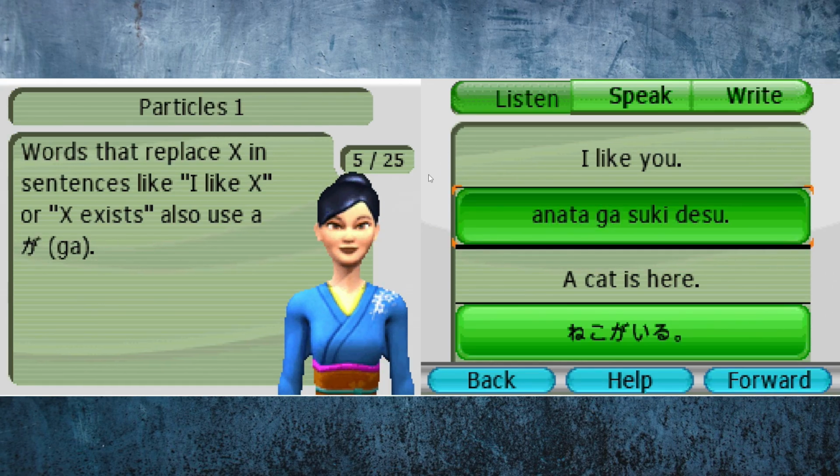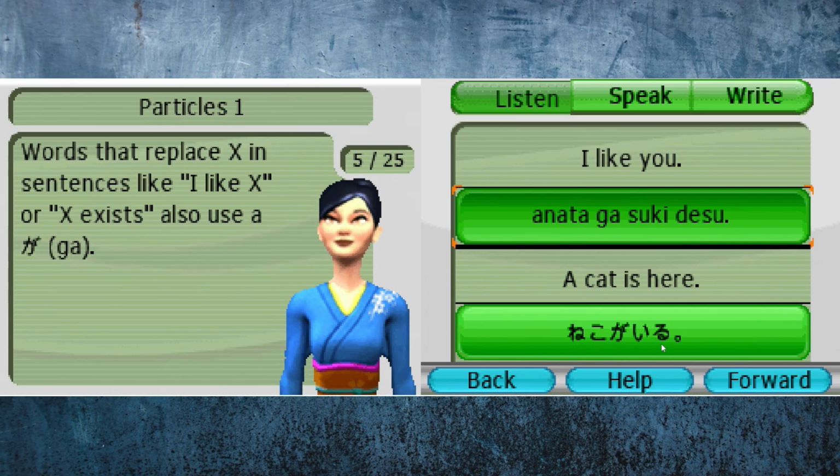あなたが好きです。 And then a cat is here is neko ga iru. So iru means that something exists that is living, basically. It's hard to explain, but it means a cat exists somewhere or whatever.